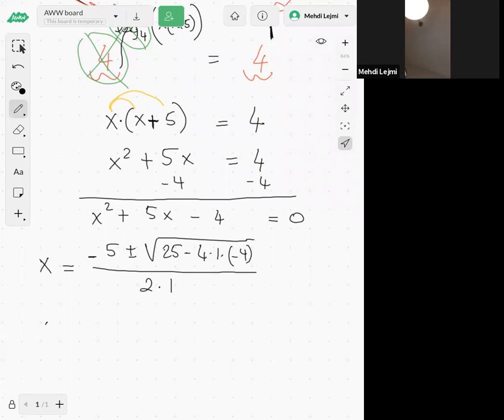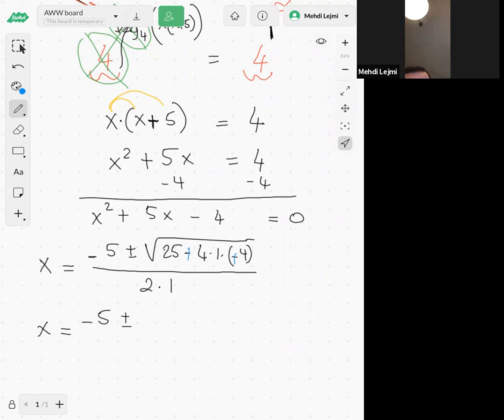So then x would be minus 5 plus or minus the square root of 25, and minus minus 4 would be a plus. So that's 25 plus 16, that's 41.